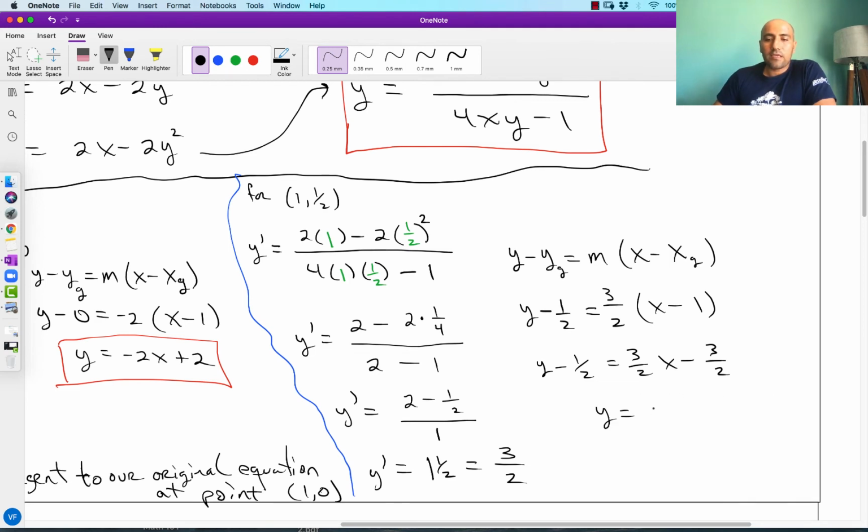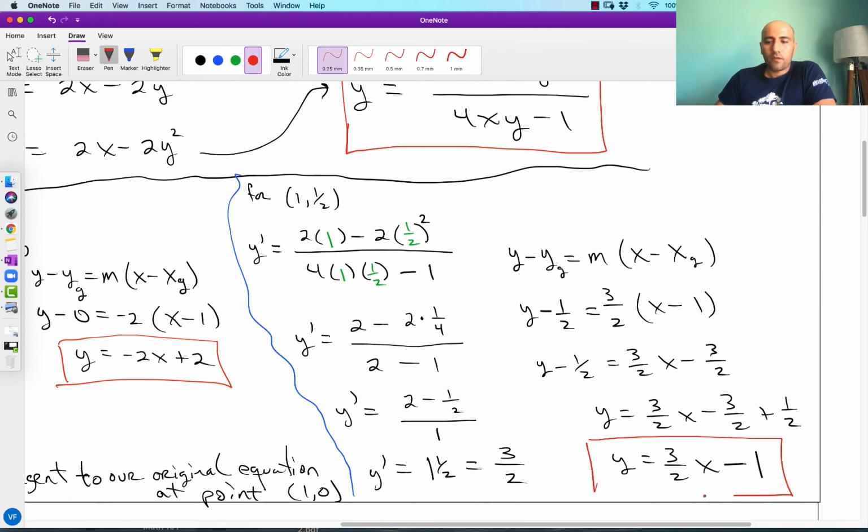And so y equals 3 over 2x minus 3 over 2 plus 1 over 2, which gives you minus 3 plus 1, y equals 3 over 2x minus 1. And so that's the equation of the other line tangent.